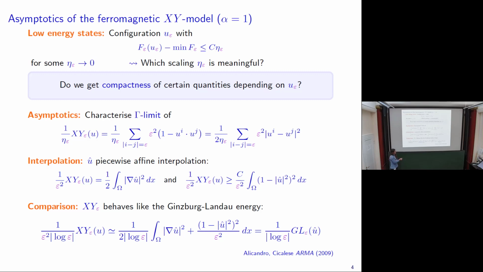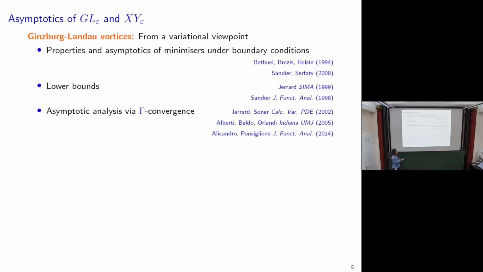The Ginzburg-Landau energy, as I said before, has been studied from different perspectives. I'm sure I'm missing some references here, but just from a variational point of view, you have properties and asymptotics of minimizers, you have lower bounds, and you even have asymptotics via gamma convergence.